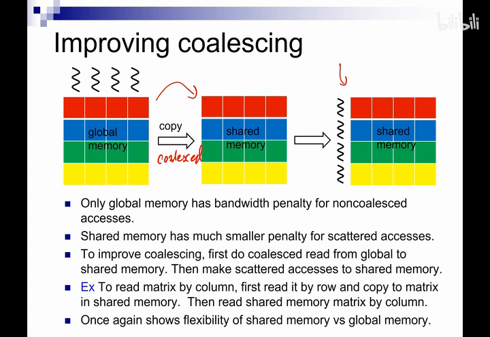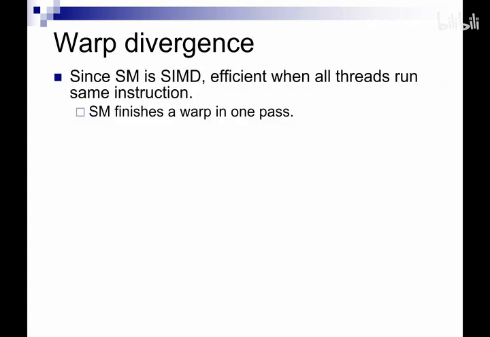So next, let me talk about warp divergence. Warp divergence basically means that our streaming multiprocessor is supposed to be a SIMD processor. So it's got, let's say, 32 cores, and the cores are supposed to do the same thing. So it's efficient when all the cores do the same instruction, like they're all reading or they're all adding.